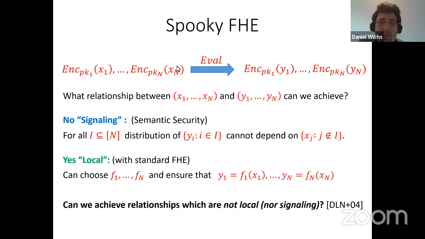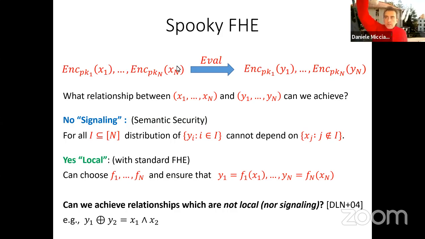So here, let me give you an example. In the two-party case, when n is 2, can I ensure that the outputs y1 and y2 XOR to the AND of x1 and x2? So this would be like y1 and y2 are secret sharing of x1 and x2.